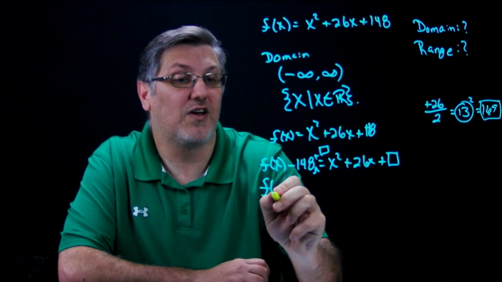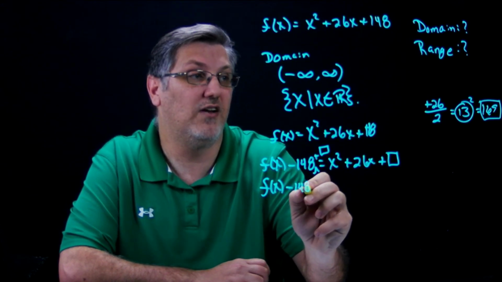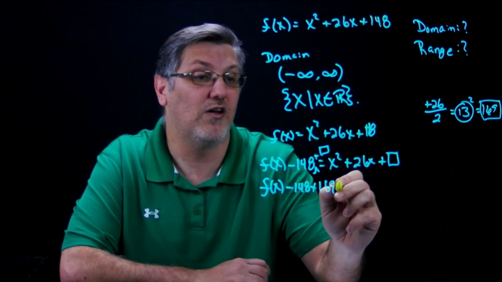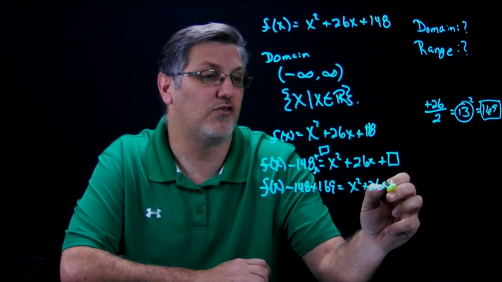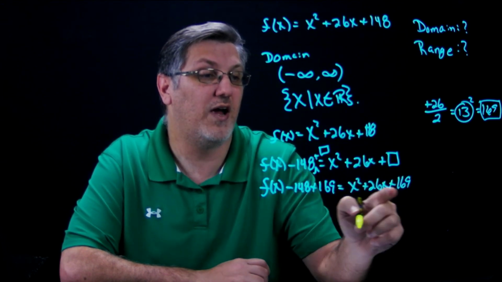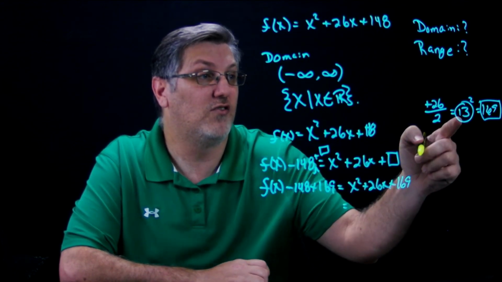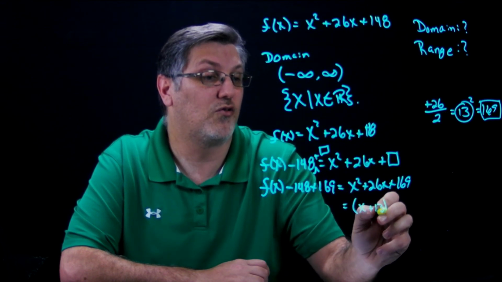So when I rewrite this, I have f of x minus 148 plus 169, because what you do to one side, you have to do to the other, equals x squared plus 26x plus 169. So I added 169 to both sides. Now this factors nicely to x plus 13 squared, because we made a perfect square trinomial.